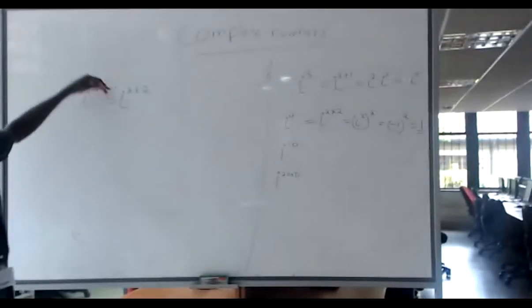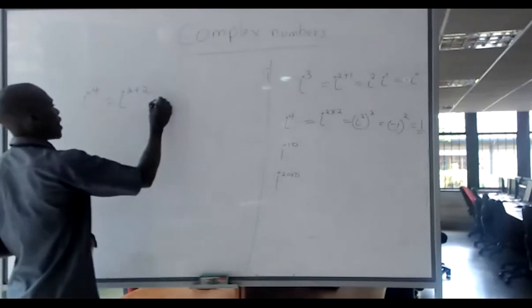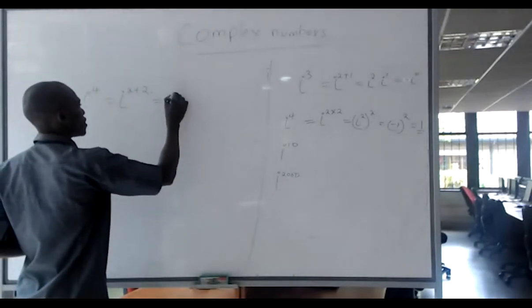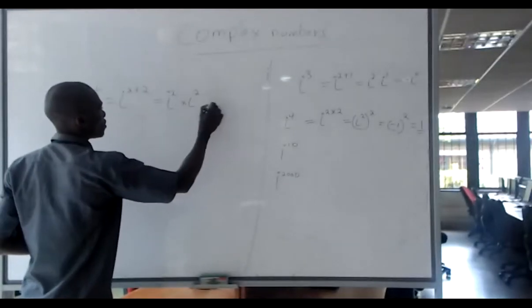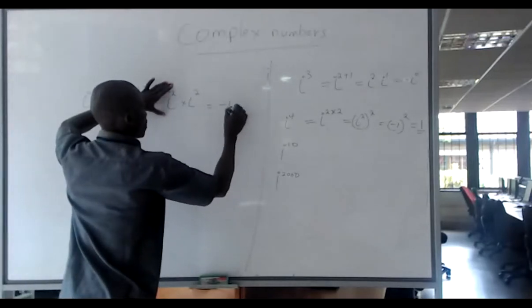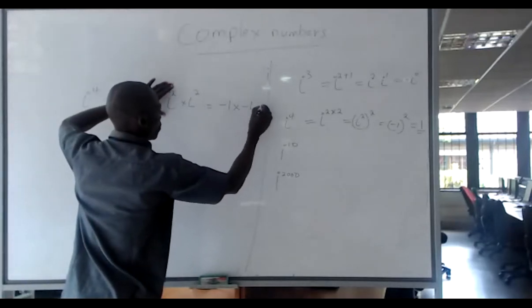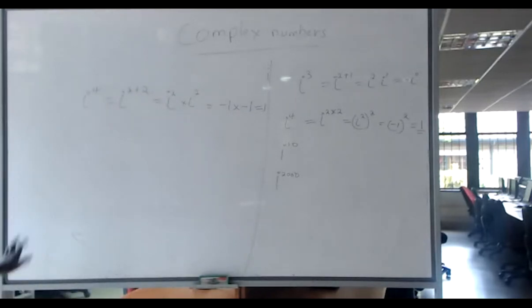If someone writes 4 as 2 plus 2 instead of 2 times 2, then they will have i raised to 2 times i raised to 2. But i raised to 2 is negative 1. So negative 1 times negative 1, which gives you 1. So either way, you'll always get the same answer.